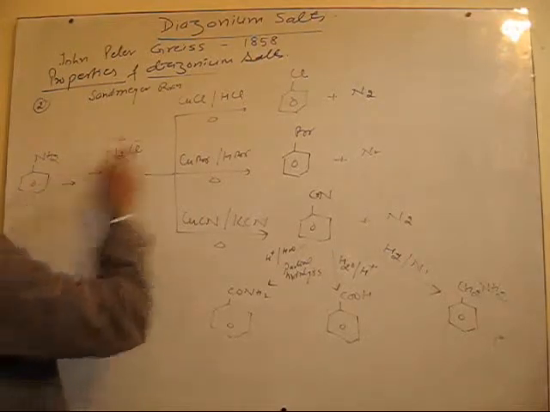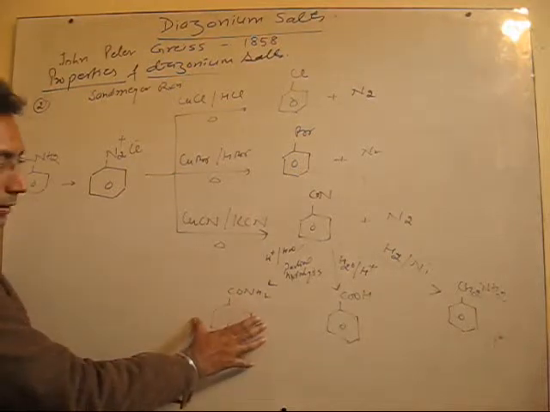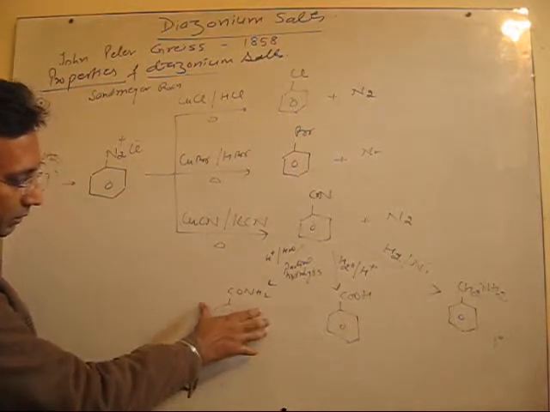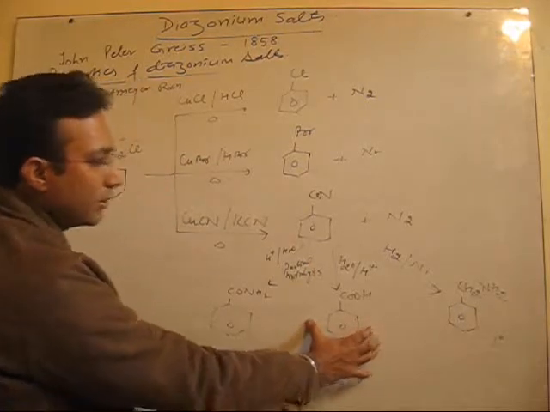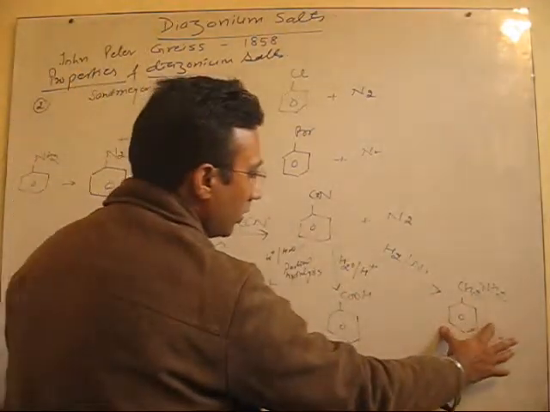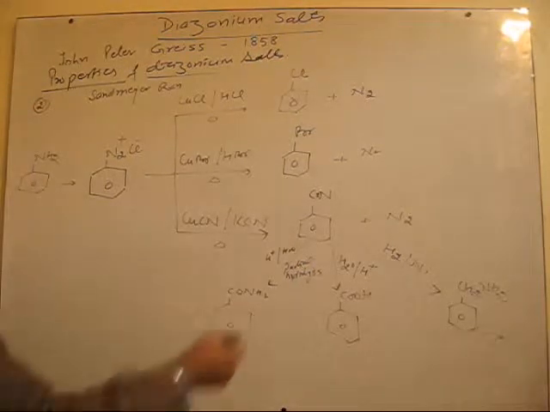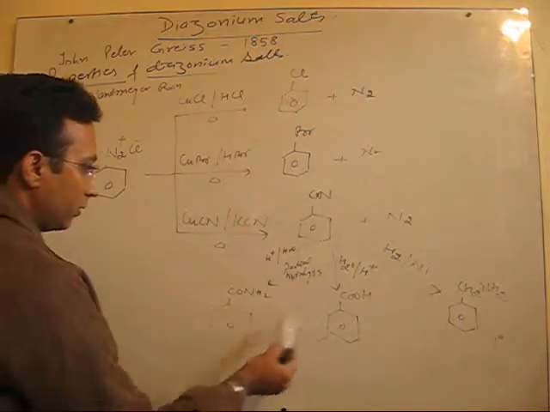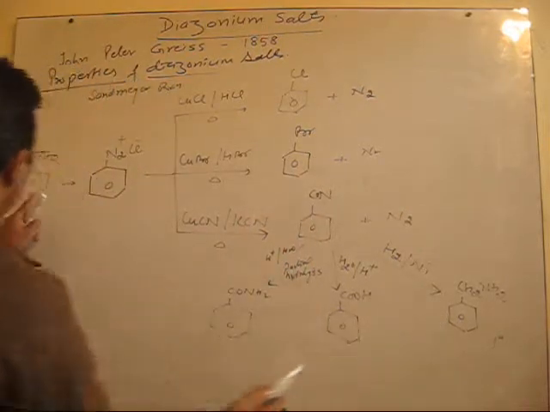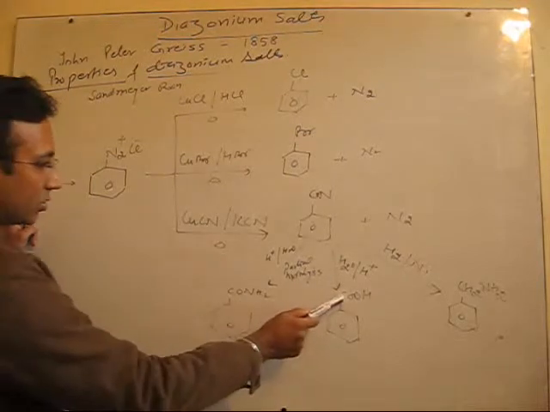It can be aniline to chlorobenzene, bromobenzene, cyanobenzene, and further aniline to benzamide, aniline to benzoic acid, aniline to benzylamine, fine. So you see here, introducing CN in the ring, all the compounds formed here, if you compare with the starting material, have one carbon increased.